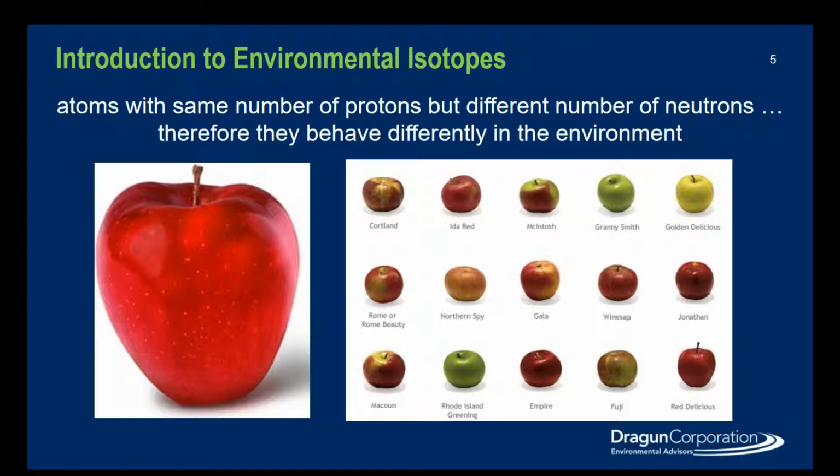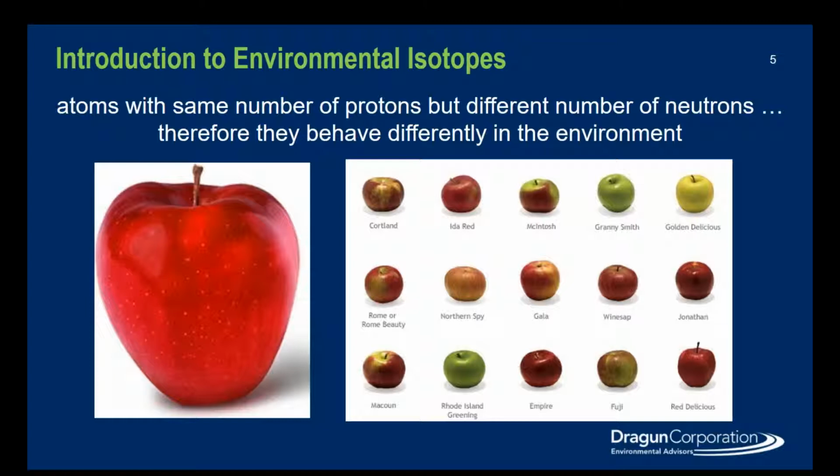An example is an apple. An apple is kind of generic for different varieties of apples like Golden Delicious or Rhode Island Greening and so on. They're basically similar, but they have slightly different characteristics. I also use the example of cars.